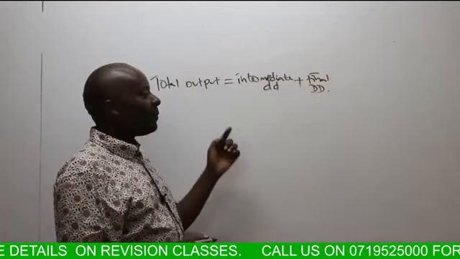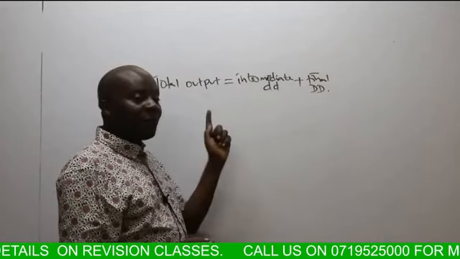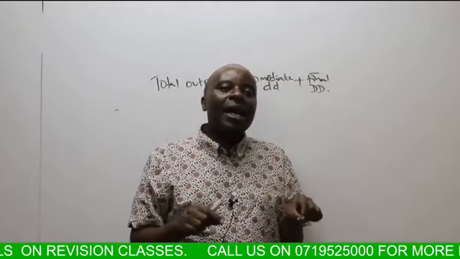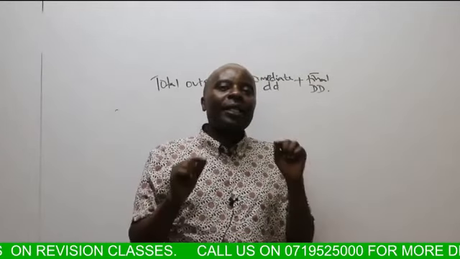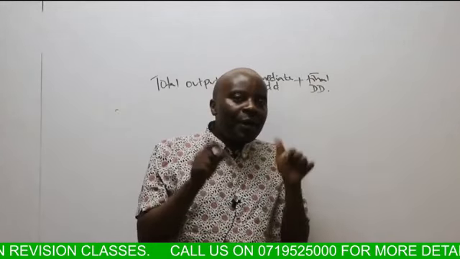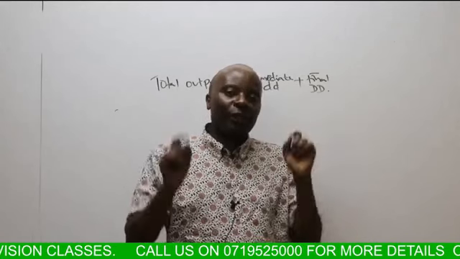For your definition, remember at times they ask you to define these things. Intermediate demand is that internal need. Intermediate demand represents that portion of output which will be consumed by the sectors themselves for further production.